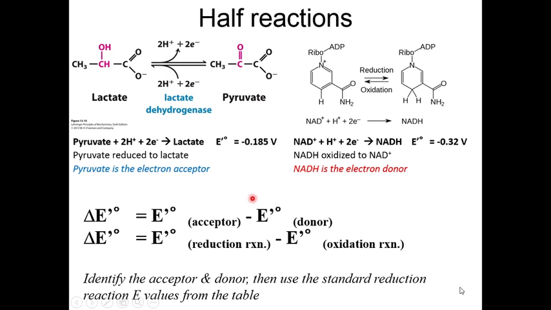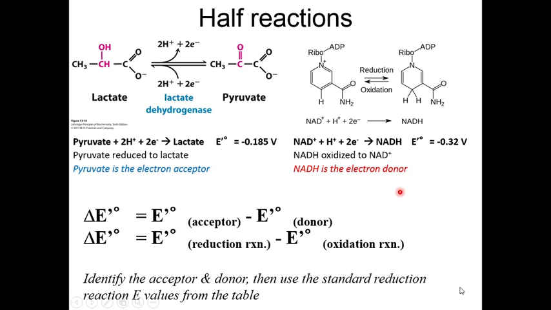So the individual half reactions are shown here. Pyruvate goes to lactate. The E0 value is minus 0.185 volts. At the same time, NAD+ goes to NADH, and the E0 value is 0.32. And pyruvate in this case is the electron acceptor and NADH is the electron donor.